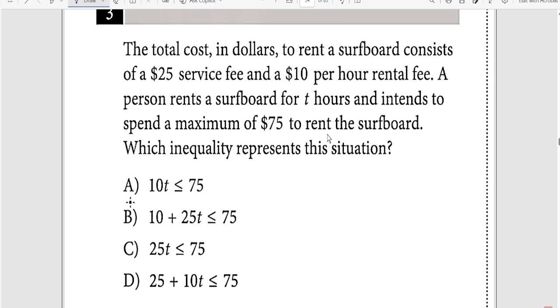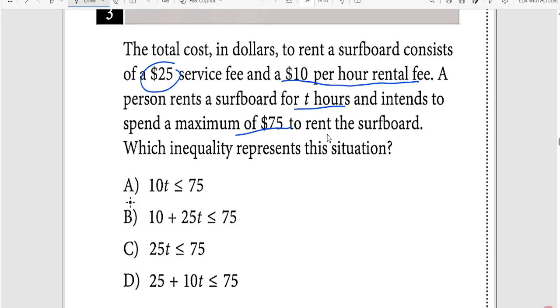Next is this one. It says total cost in dollars to rent a surfboard consists of a $25 service fee and a $10 per hour rental fee, and t is time, and this is a maximum spent of this much.